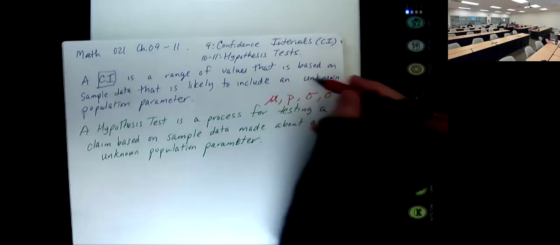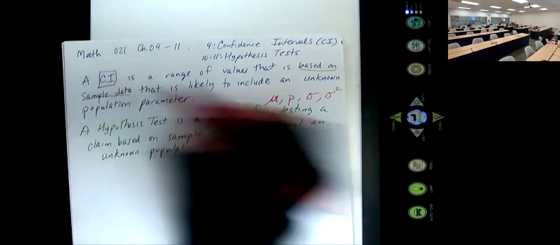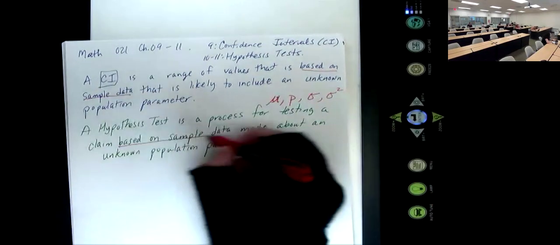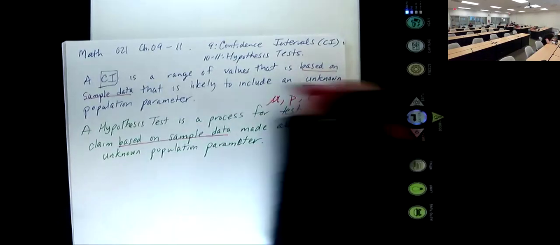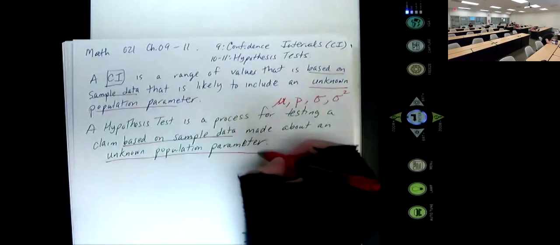You notice that they're both based on sample data, and it involves an unknown population parameter.